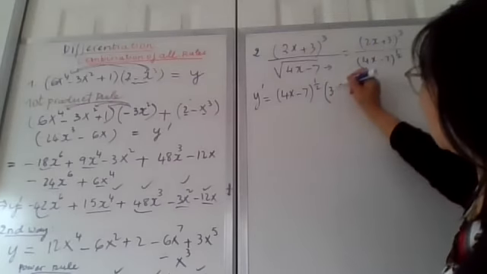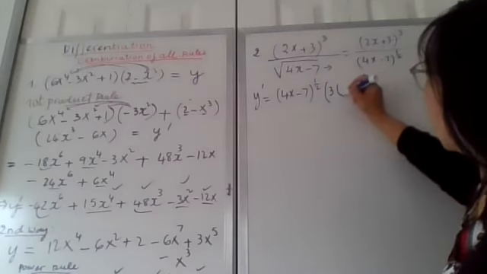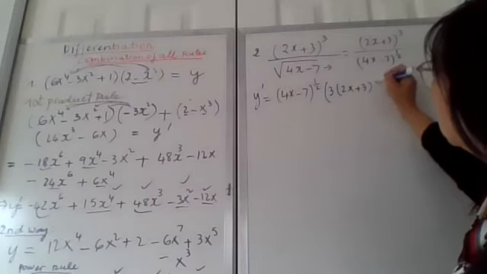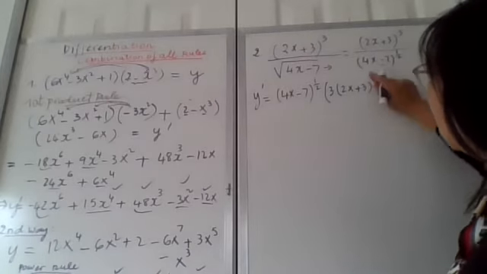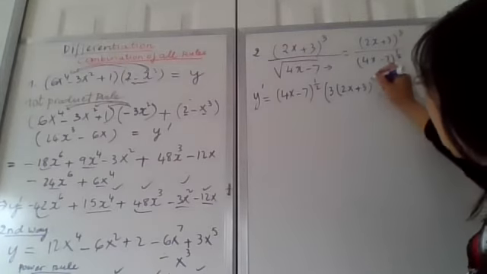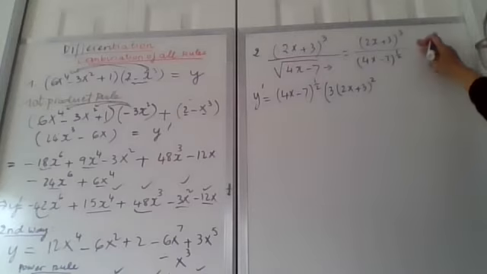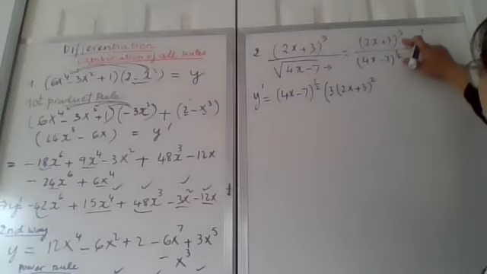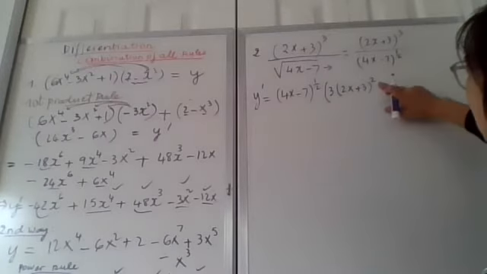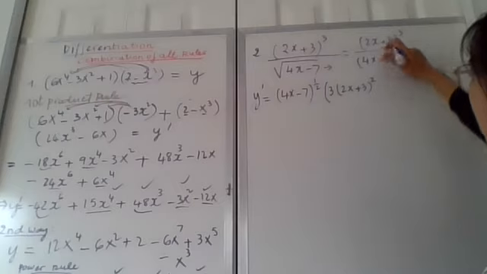The derivative of this one is 3 times the inside exactly the same, and all of this outside will reduce by one level, that's squared. Now, we're not done yet because when we take the derivative of this, we got a composite function. So we bring the first derivative down, it becomes 2, everything inside the same.